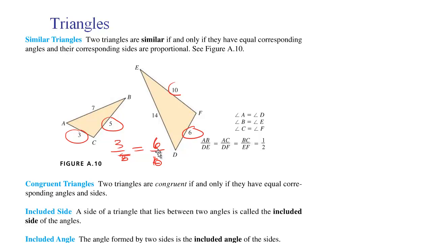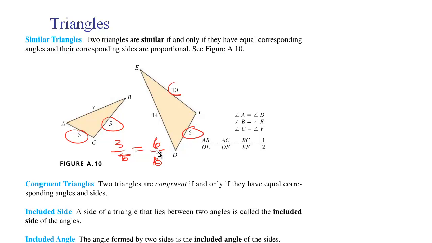Now up here, similar triangles have common ratios, right? These two triangles are similar, but they're not congruent. To be congruent, they basically have to be identical. The only difference is they don't have to be oriented the same way. Okay, so congruent triangles really is the way of saying identical in geometry.